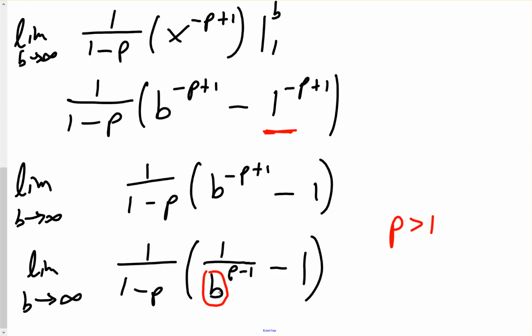That's a really big denominator. That means this goes to 0, and then we have 0 minus 1, so negative 1, so we have 1 over 1 minus p times negative 1, which we could just rewrite and say this is 1 over p minus 1.